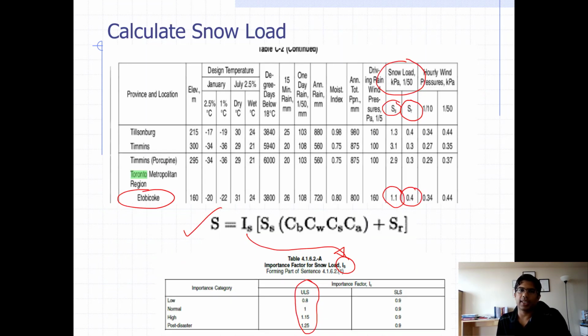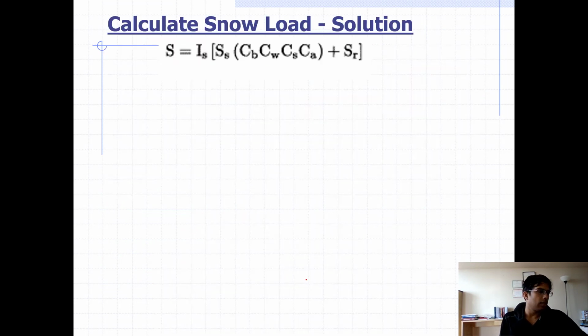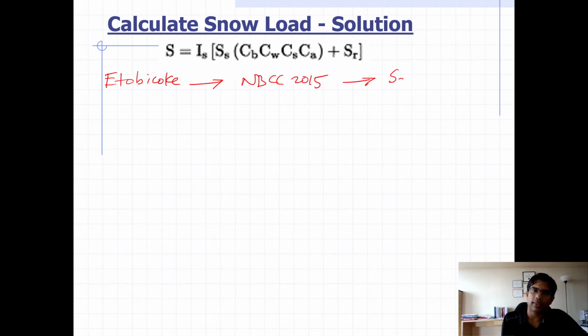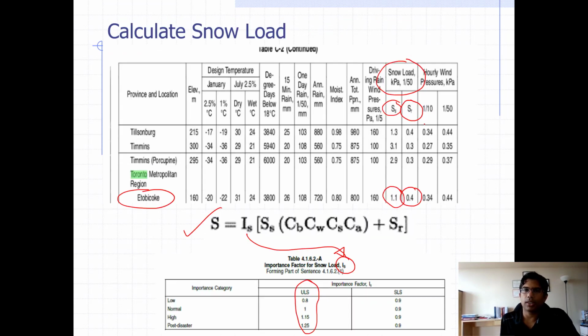For a secondary school building, first of all, you can write the parameters for Etobicoke from NBCC 2015. We get SS equals 1.1.